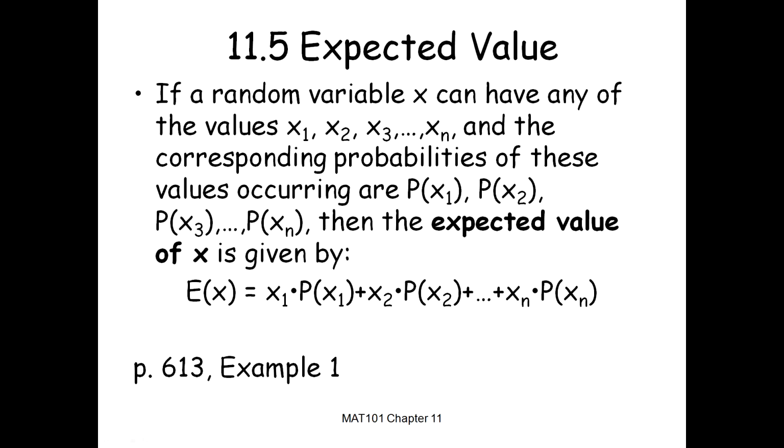In expected value, if you have a random variable x, and it has any of the values x sub 1, x sub 2, x sub 3, etc., and the corresponding probabilities of these values occurring are probability of x sub 1, probability of x sub 2, and so forth, then the expected value is given by the product of x sub 1 times the probability of x sub 1 plus the product of x sub 2 times the probability of x sub 2, and so on.